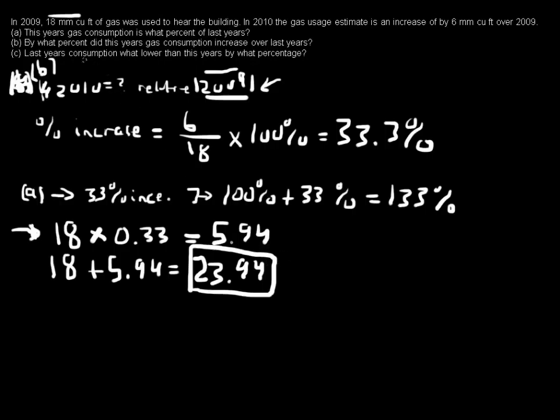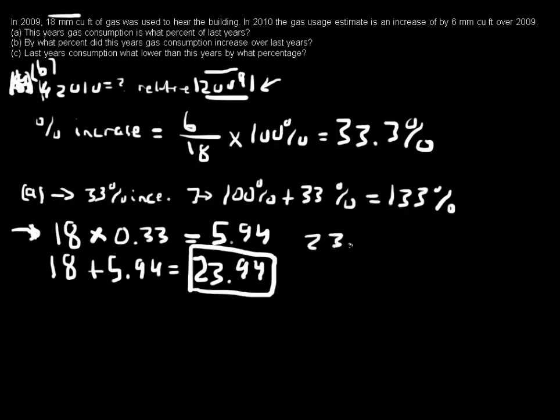Now, the question is not quite finished yet. By what percent did this year's gas consumption increase over last year's? So basically we want to find out this year's gas consumption is what percent of last year. As soon as you see that last part, we're talking about relative to last year.